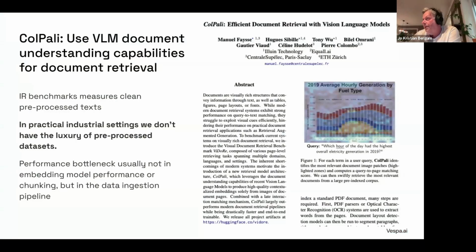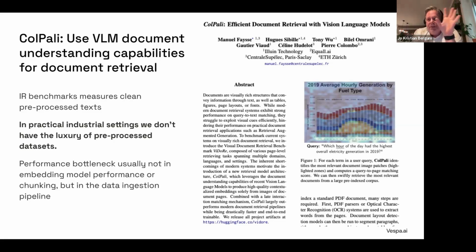Then let's talk about ColPali. The researchers behind ColPali realized that we have these really powerful VLMs, so maybe we can try to replace the text-only embedding models, right? So OpenAI embedding models or Cohere, previous generation text embedding models that take some text input and then produce a vector representation.